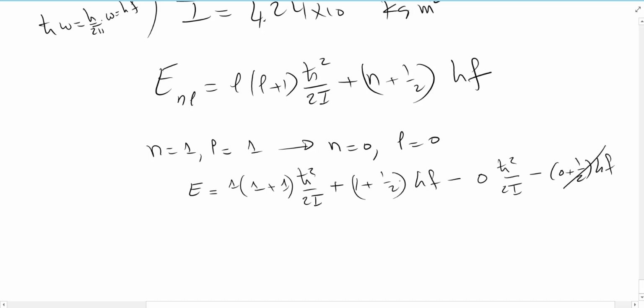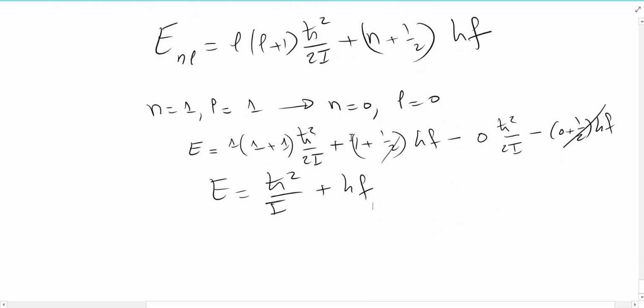This 1/2 and this 1/2 cancel, and this is 0 anyway. So the energy is going to be h bar squared over I plus hf. Okay, I'm not going to do the calculations right now.